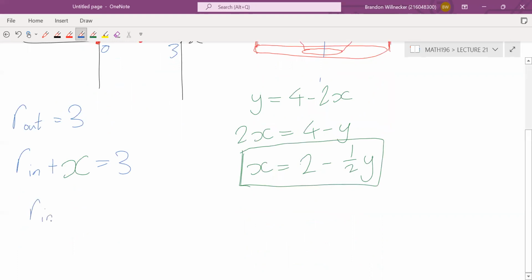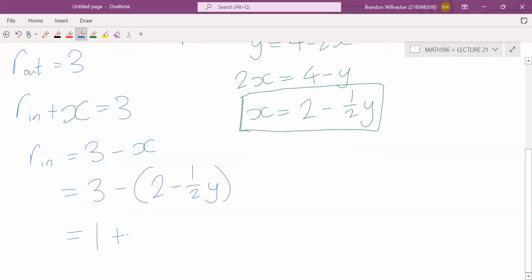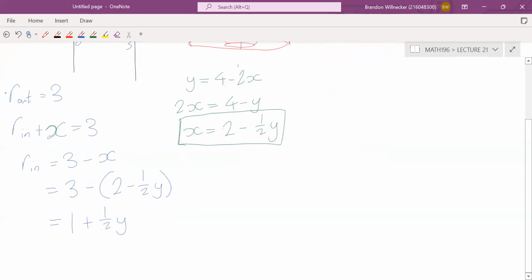That means R in is equal to 3 minus x, so that's 3 minus (2 minus 1/2 y), which is 1 plus 1/2 y. So now we have R out and we have R in. Are there any questions about that?